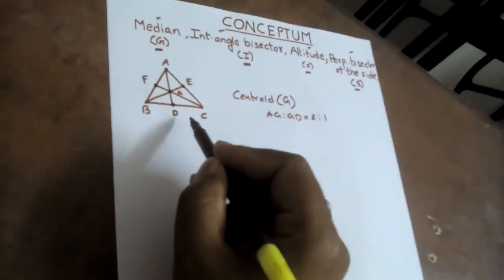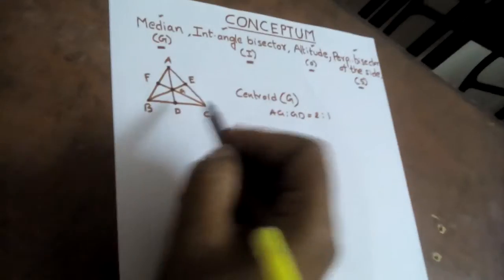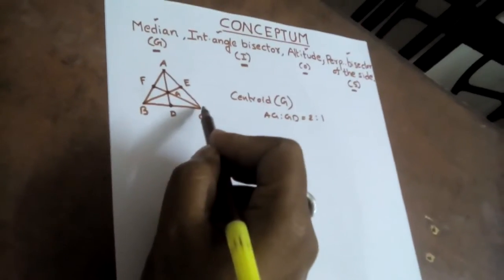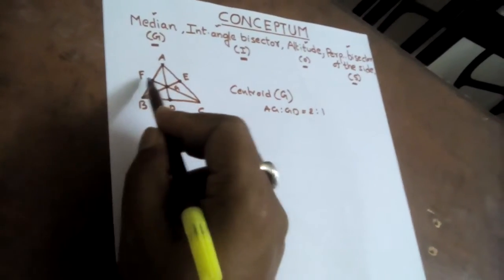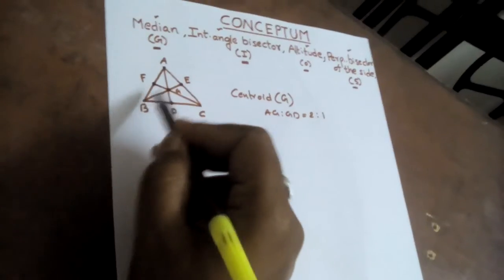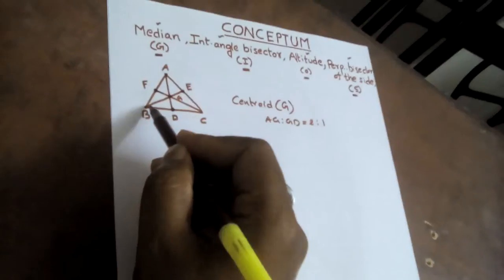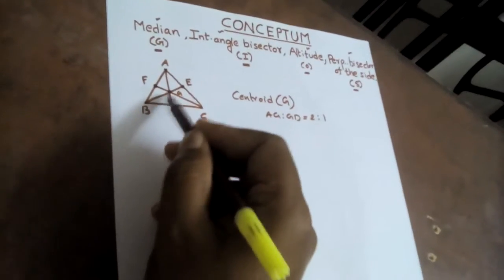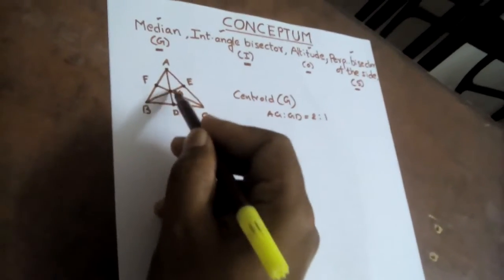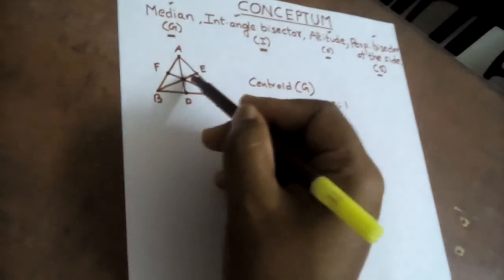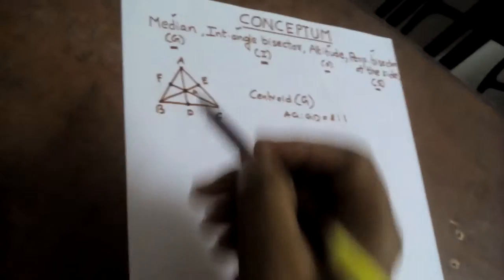Similarly, all the medians will intersect in the same ratio. Means CG is to GF is equal to 2:1, and BG is to GE is also 2:1. The length of the part from the vertex to the centroid will be more than the length of the remaining part. So that is about median.